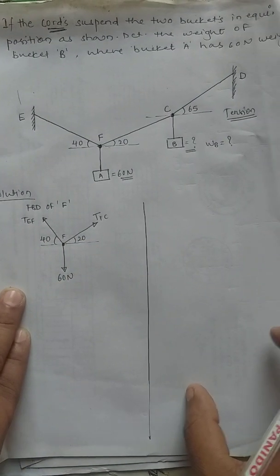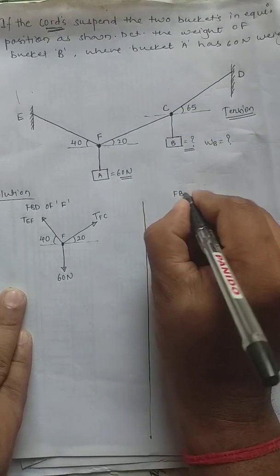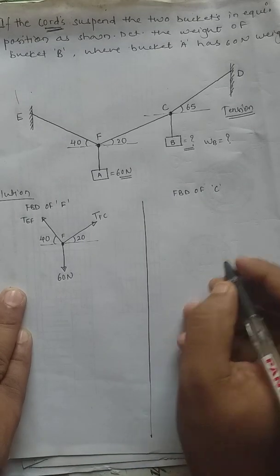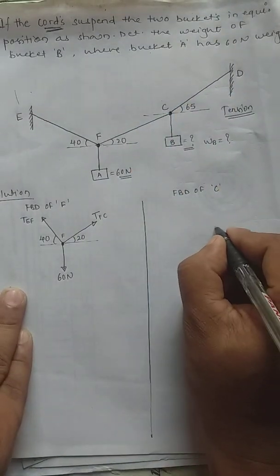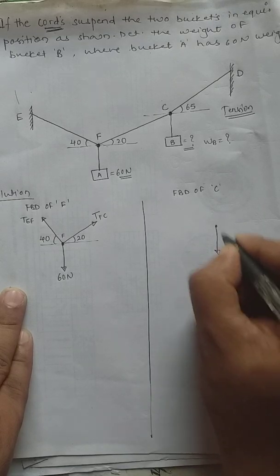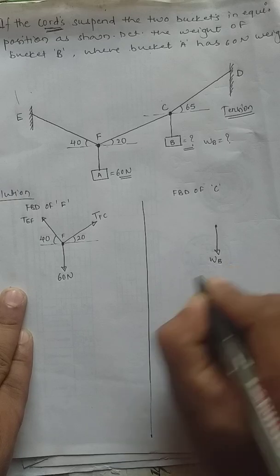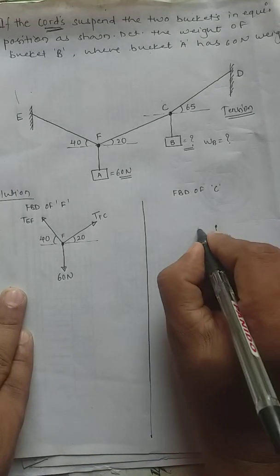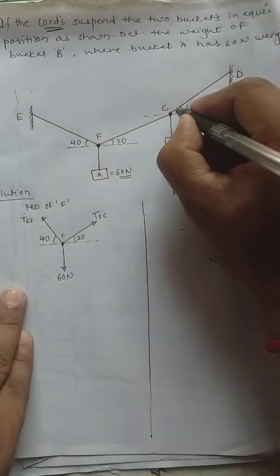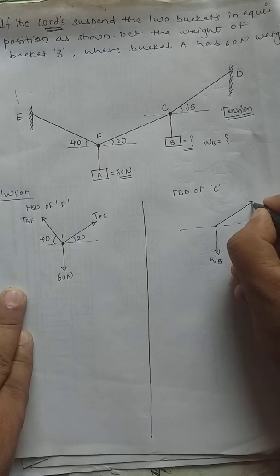Similarly, we can have the FBD of point C. At point C there is a self weight that we don't know, so we can denote it by WB. Keep it as it is. Next, there is a cord CD, so there will be tension in cord CD, always away from the body.